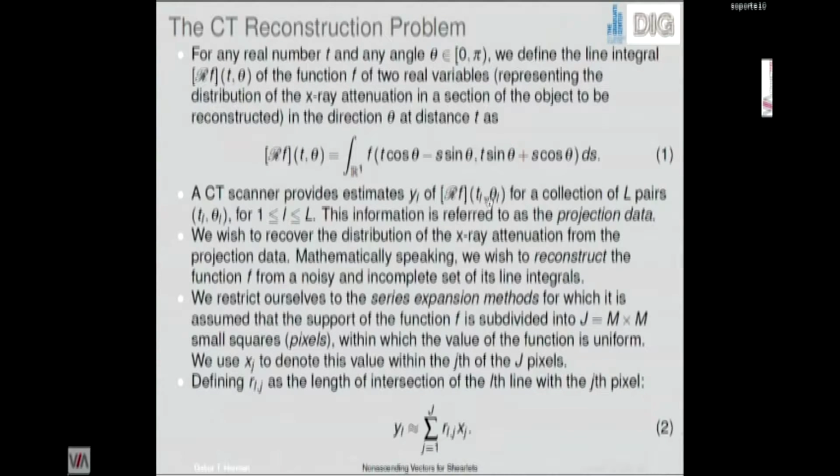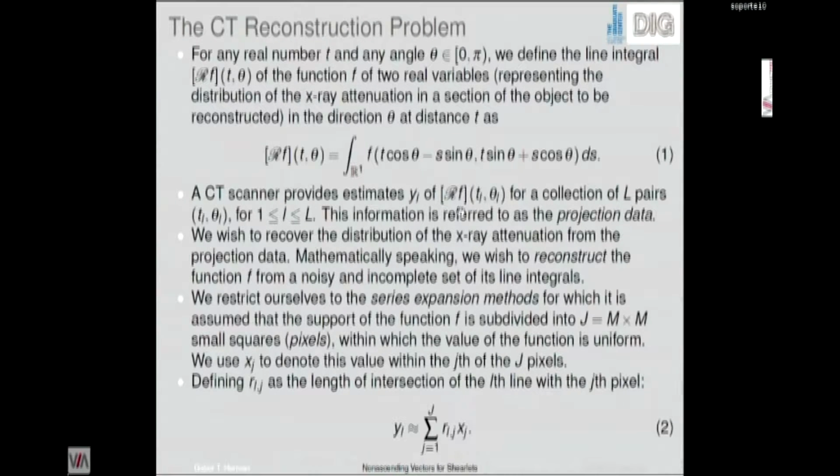So in pure mathematics, the Radon transform is defined as a function from one two-dimensional domain into another two-dimensional domain. But in practice, we only sample this function at a finite number of points, and that collection is referred to as the projection data.